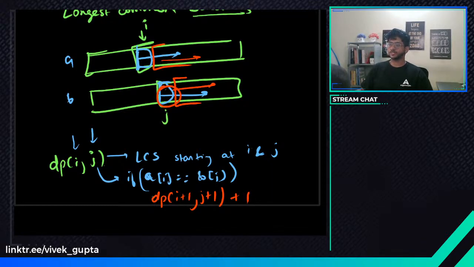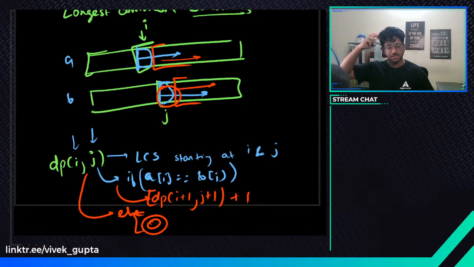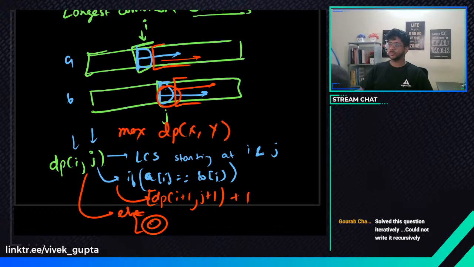Or else if it's not the same, then the answer is 0. So these are the two transitions, and the answer is going to be the max of dp over any possible place x and y that we can match.